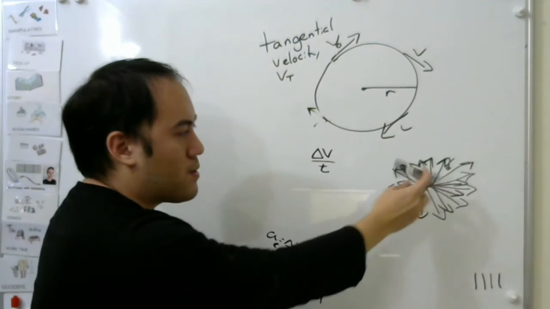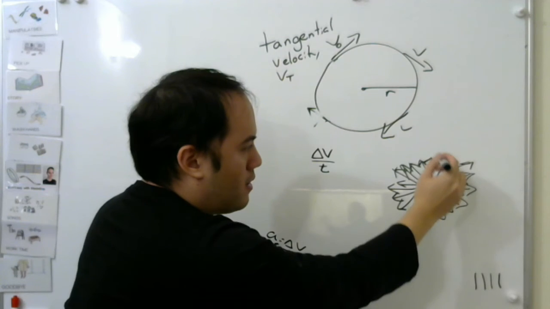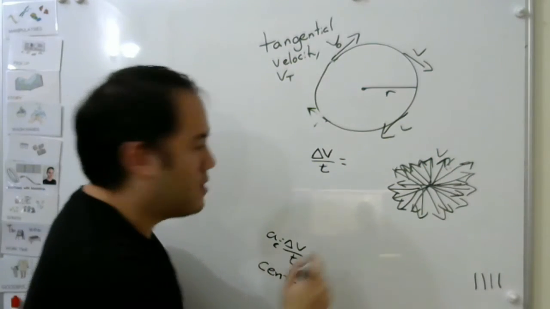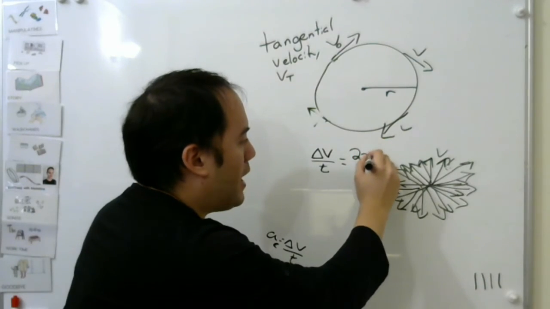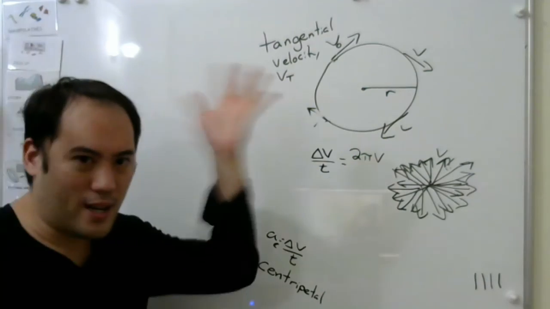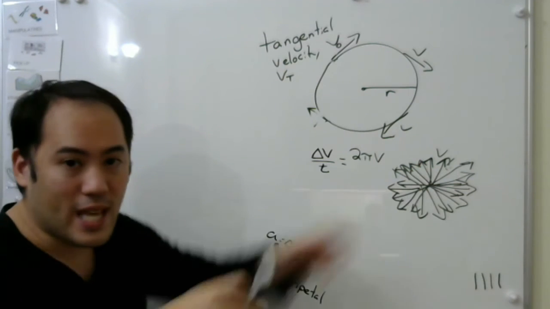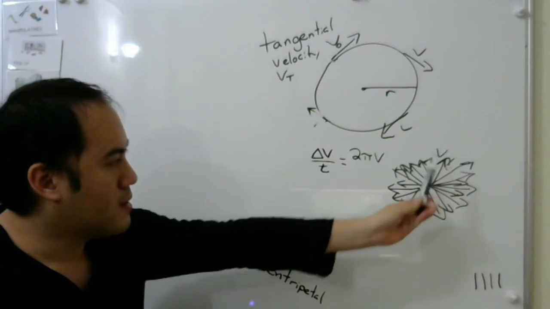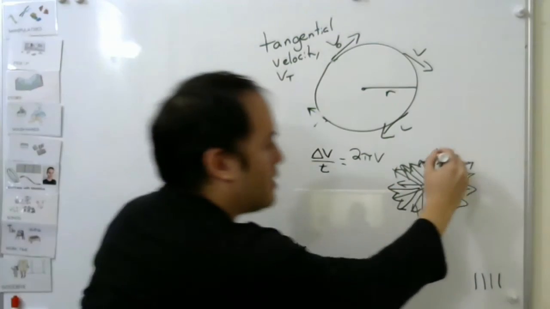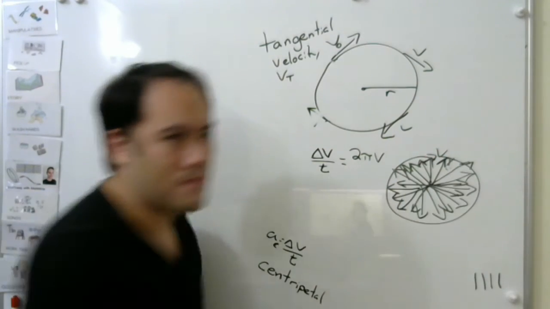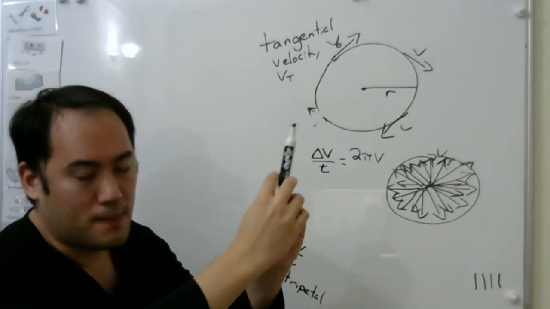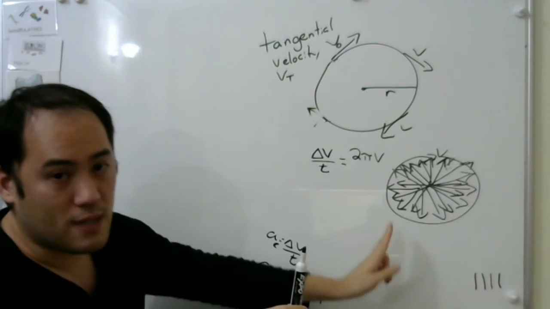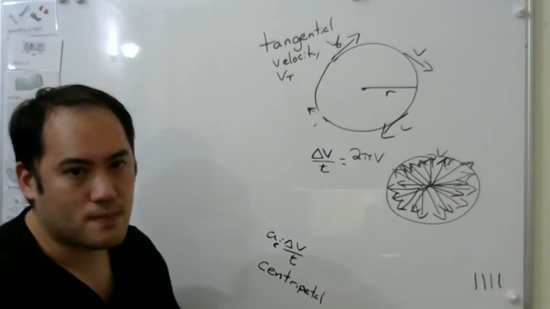It makes a full circle of radius v. Delta v is 2 pi v. Since it points in every single possible direction of a circle, over the full circle, the delta v is this circle. The velocity changes by going in a full circle, and the total circumference of that circle is 2 pi v.